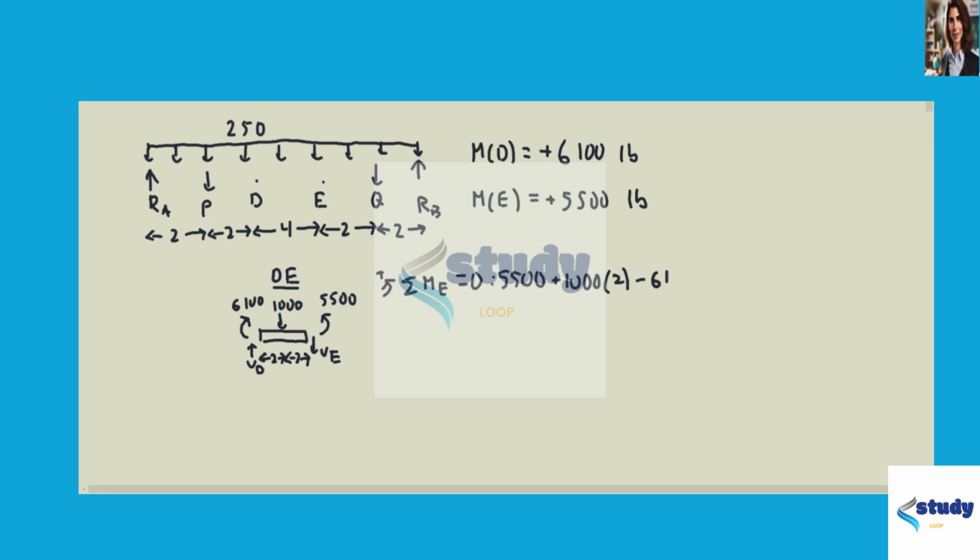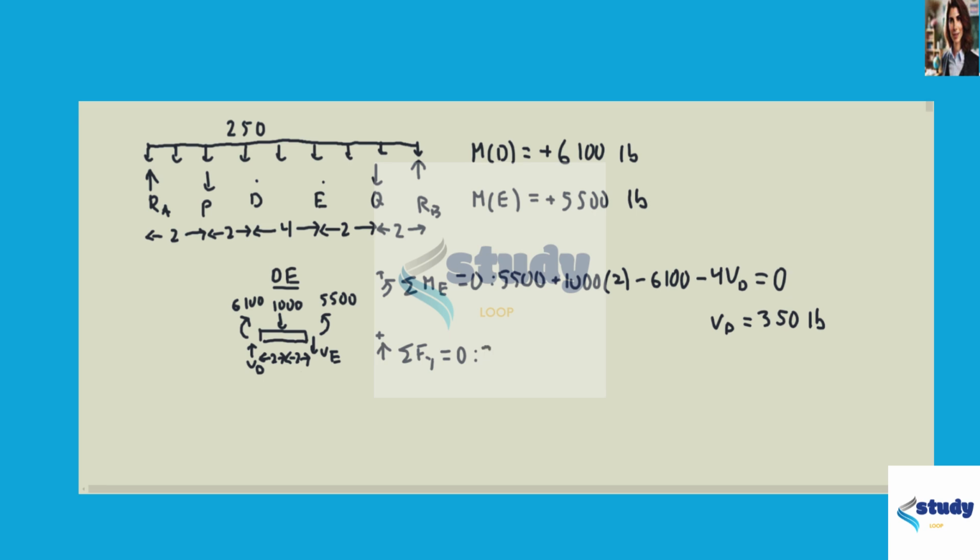Subtract the 6,100 at point D and subtract the shear at D times the arm of 4, and setting that equal to 0 and solving for V, we get the shear at D equals 350 pounds.